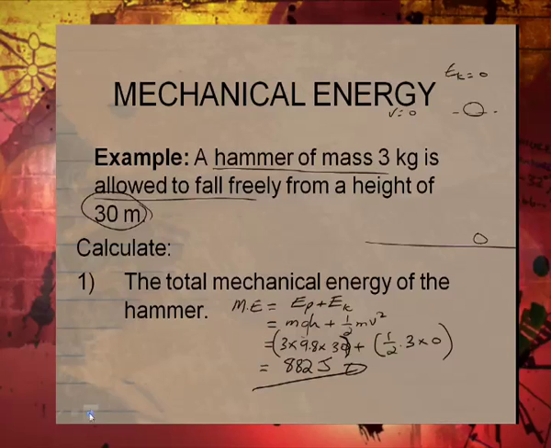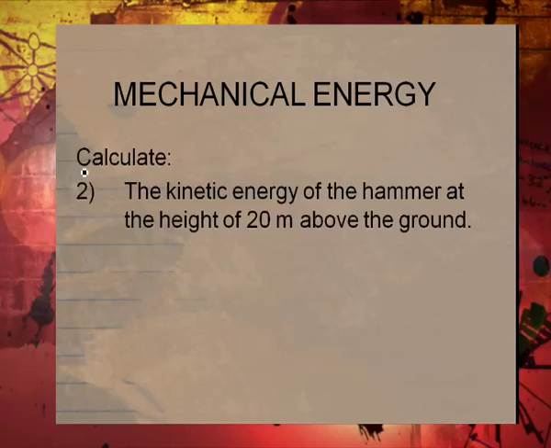Now we are told to calculate the kinetic energy of the hammer at a height of 20 meters above the surface. The hammer is now at some point above the surface, 20 meters above the ground. At that point, it has both EP and EK.